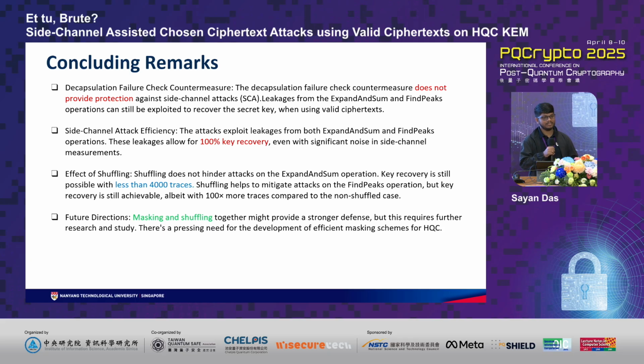The effect of shuffling is not that large, because even if it slows down the rate of analysis, it is still able to retrieve the key. For expand and sum, we have the key within less than 4,000 traces, but for find peaks it grows 100 times more.